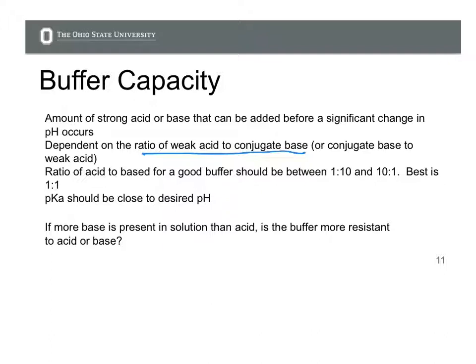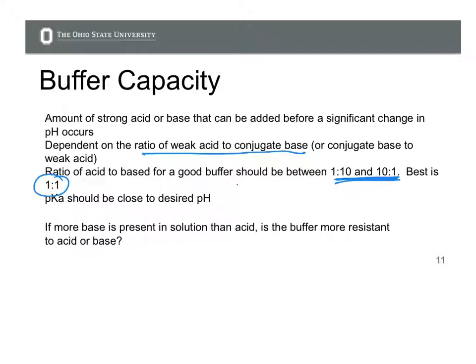The best buffer is going to have a ratio of acid to base somewhere in the 1:10 or 10:1 region. The best buffer will have a ratio of acid to base of 1:1, a molar ratio of 1:1. 1 mole of acid to 1 mole of base, for instance.